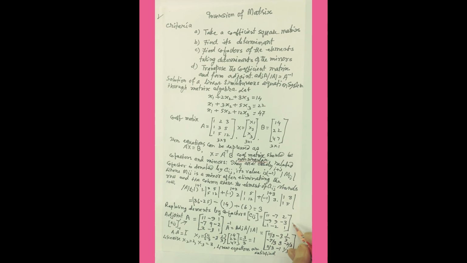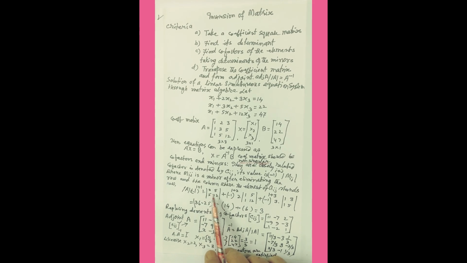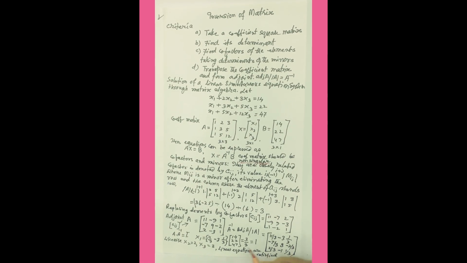Now the adjoint of this will need a little homework to find out. I have estimated it for one row; for the second and third rows, it will need some homework. Adjoint means make the rows columns and columns rows.